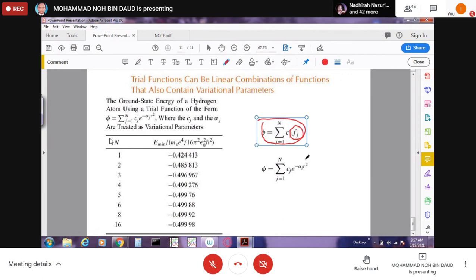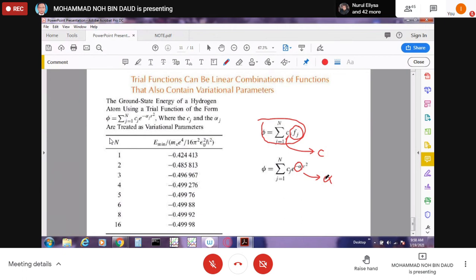We can include here the variational parameters, in order to improve our calculation in modern quantum chemistry. So this alpha is the difference, and we can simultaneously optimize this coefficient C and this variational parameter alpha.